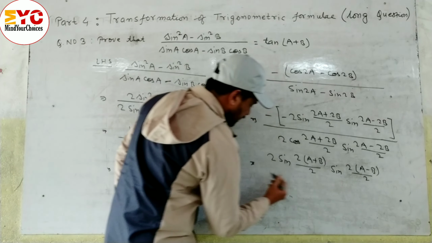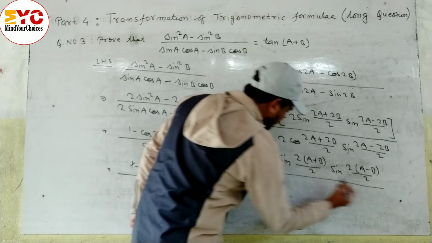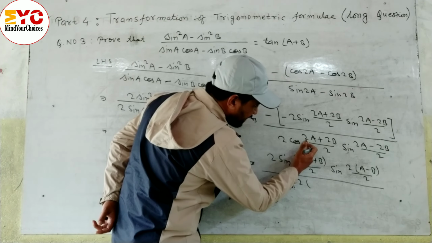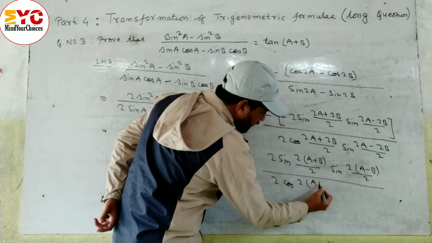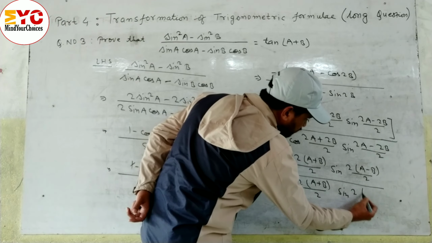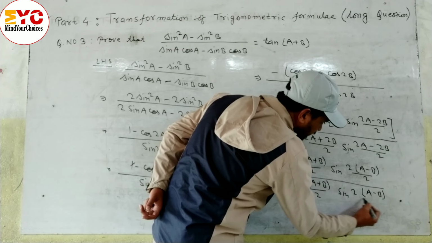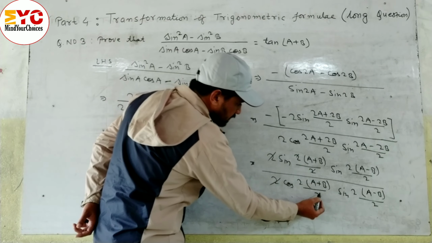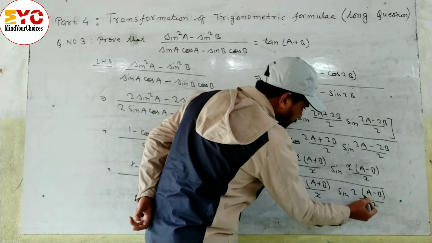In the denominator, we have to do the same process. 2 cos, taking 2 common, the remaining is (a + b)/2. Similarly sin, when you take 2 common, the remaining is (a − b)/2. Now this and this cancel, the 2 also cancels.